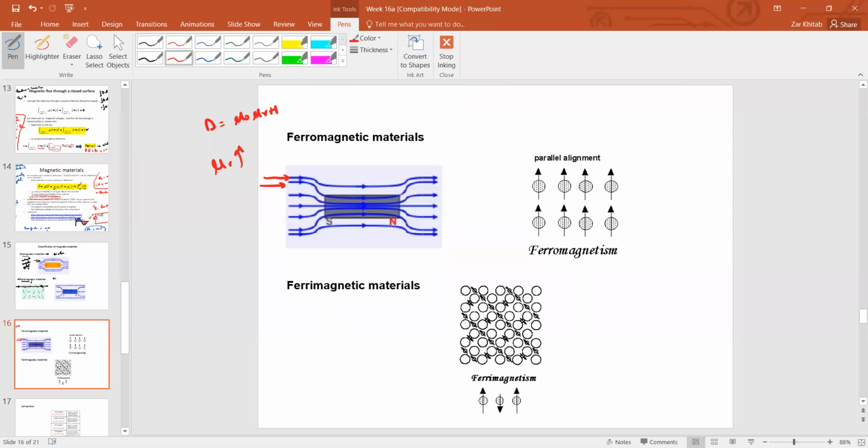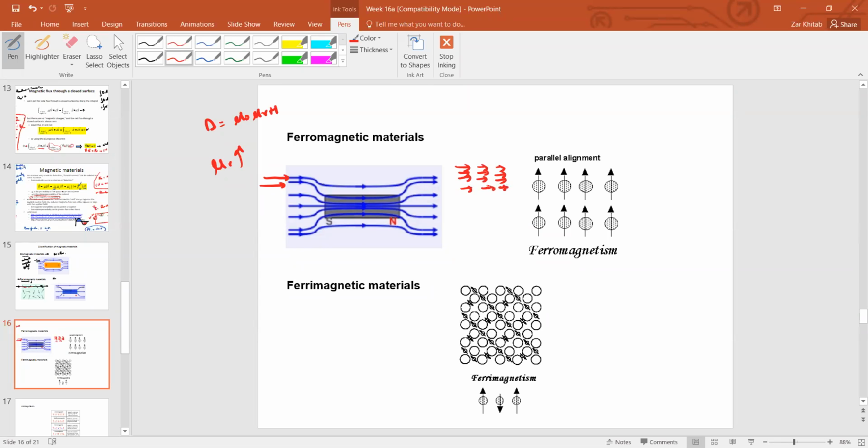Or in other words, those domains in which the material's electrons were spinning around try to reorient themselves maximally in the direction of the external magnetic field.